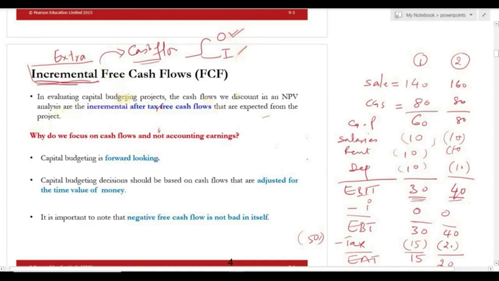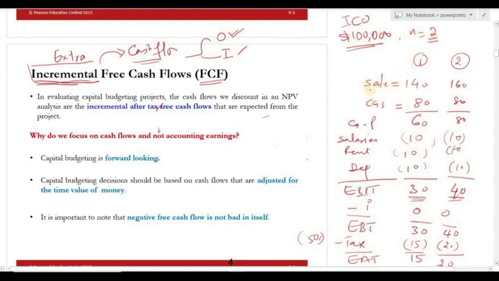Now we need to actually calculate these free cash flows, but before coming to free cash flow, suppose we have a project and it costs 100,000. So the initial cash outflow is 100,000. This project is for 2 years, so n is equal to 2.